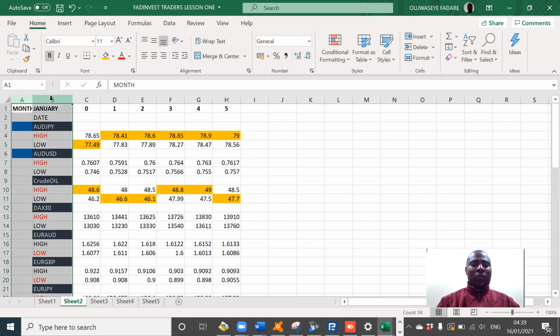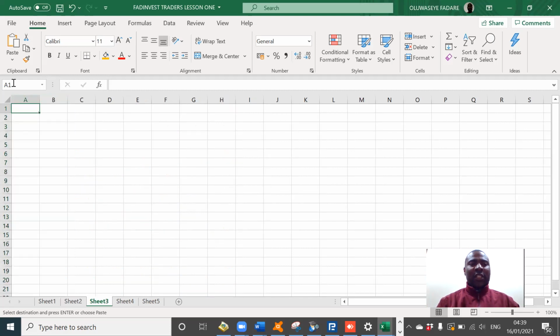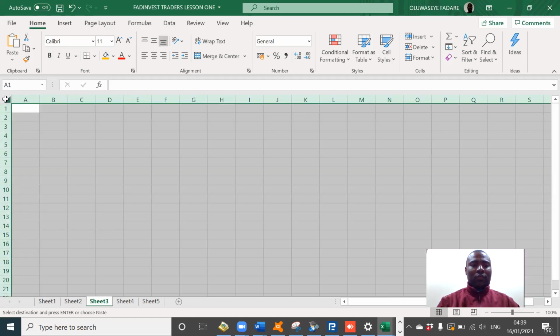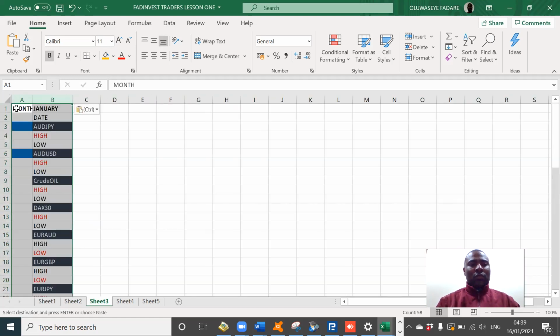The next step will now be to identify the extreme point of each movement. So how do we do that?